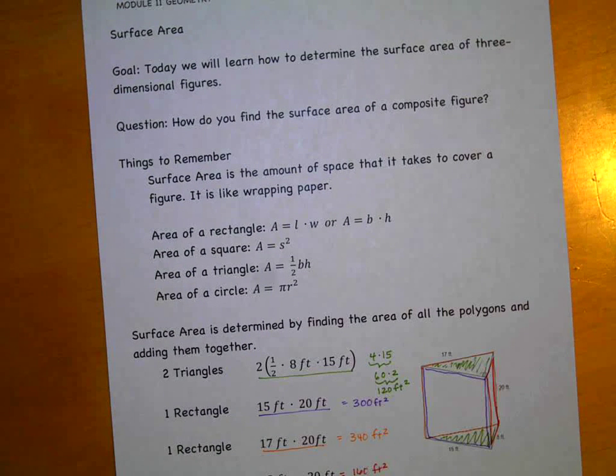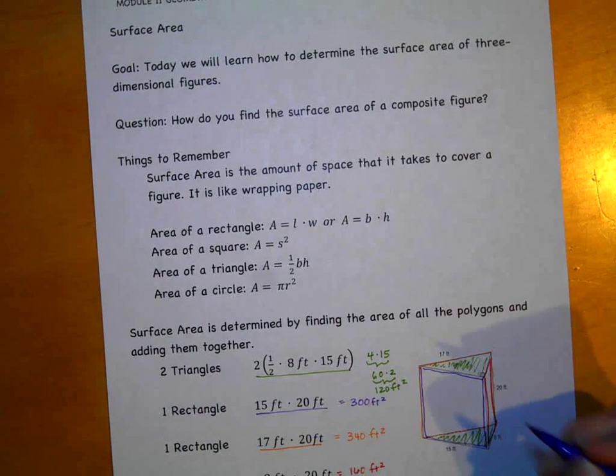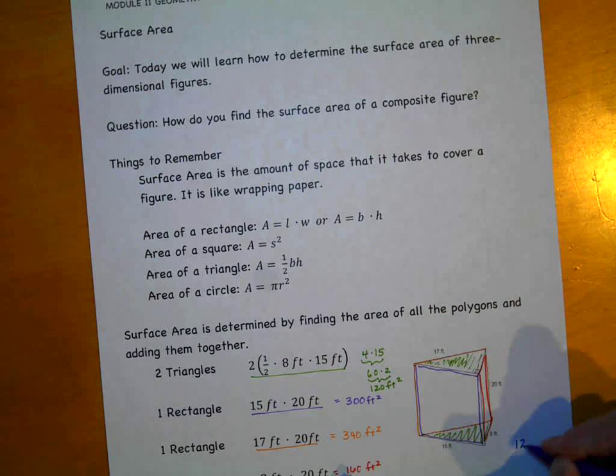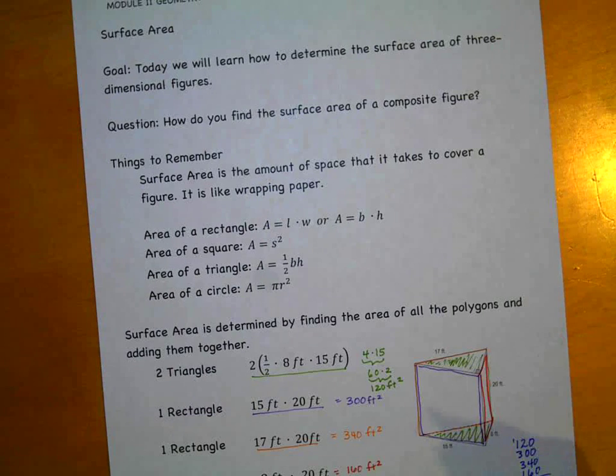And then what it says, surface area is determined by finding the areas of all the polygons and adding them together. So now let's add them all together. So I have 120 plus 300 plus 340 plus 160, and I get 920.